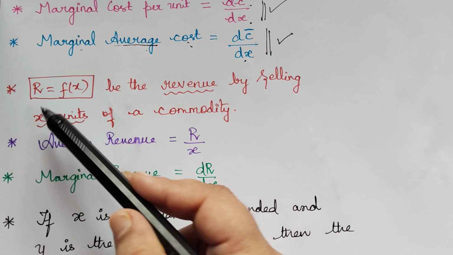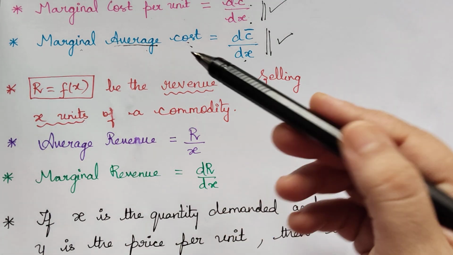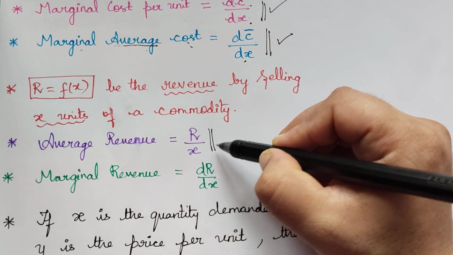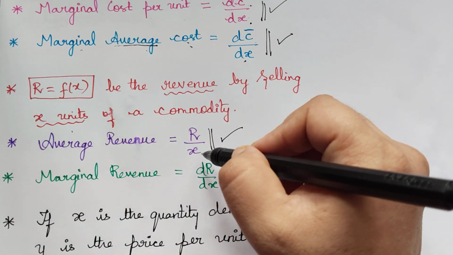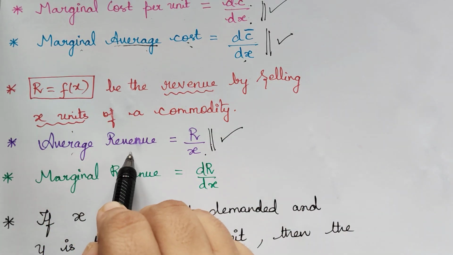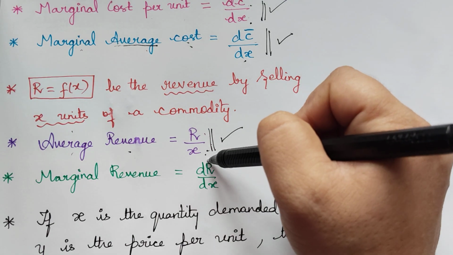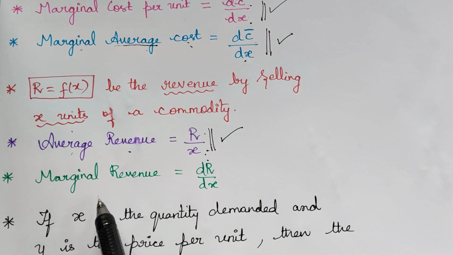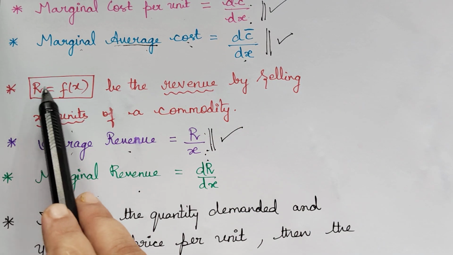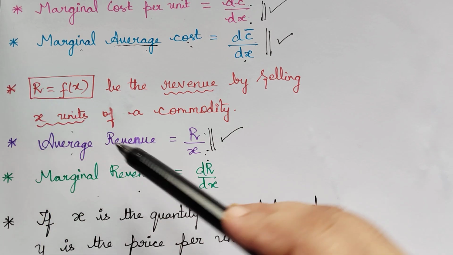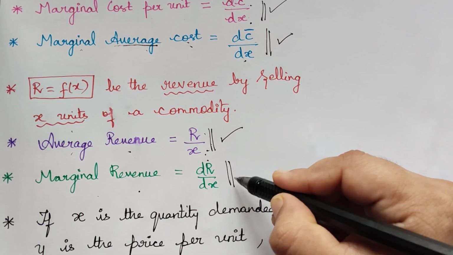Now using this capital R, what will be the average revenue? If you divide the revenue by the x units of a commodity, you will get the average revenue. So R by x, like how we did C by x. And what will be the marginal revenue? The first differentiation of the revenue with respect to x, that is dR by dx.